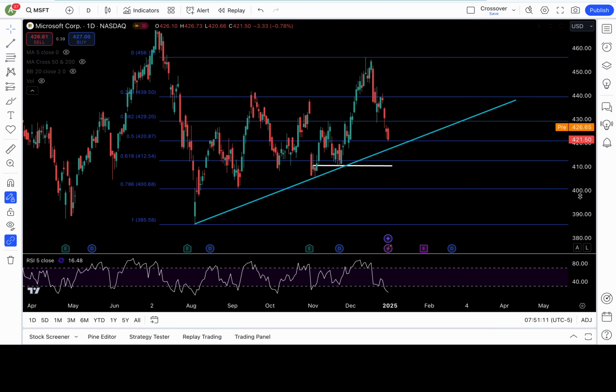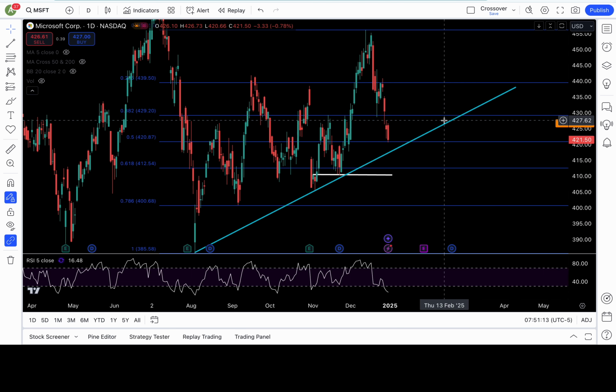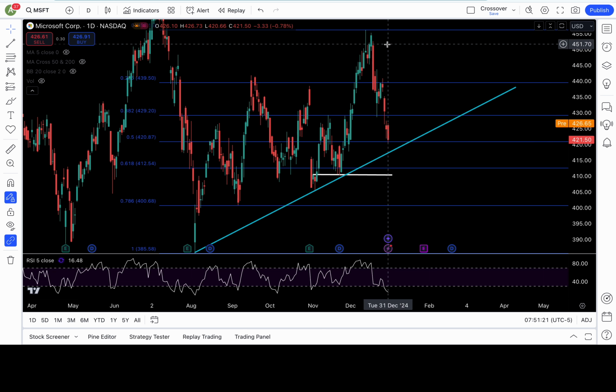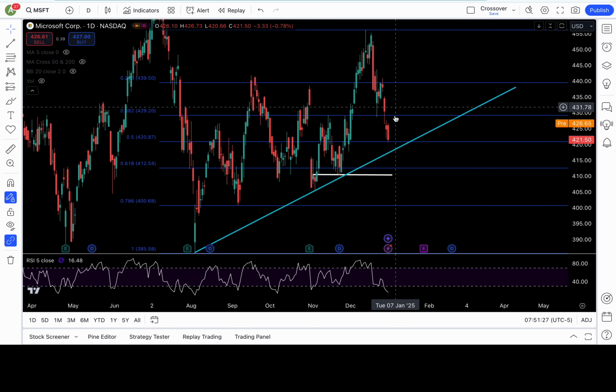Microsoft was looking bearish just a couple of days ago. It was very nice as it hit this 50% fib level that I have here, but now we are gapping up. From here, I have resistance at 428, 429.2. If those two levels clear, bounce time. Gap and crap, nope. We're heading up to the upside.